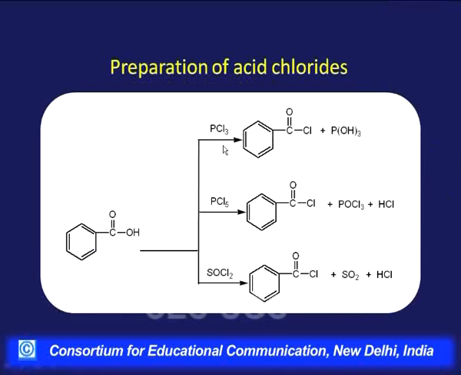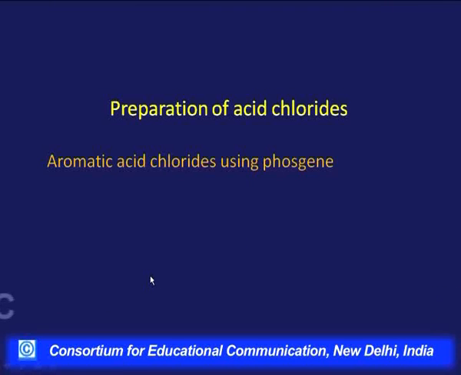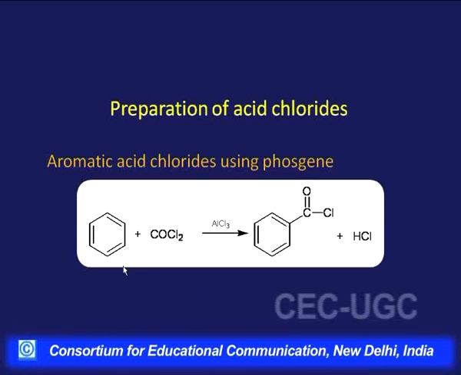The same reagents can also be used for preparing acid chlorides from aromatic acids like benzoic acid. The same PCl3, PCl5 or thionyl chloride can convert it into benzoyl chloride. Then aromatic acid chlorides can also be obtained by using phosgene as one of the reagents.